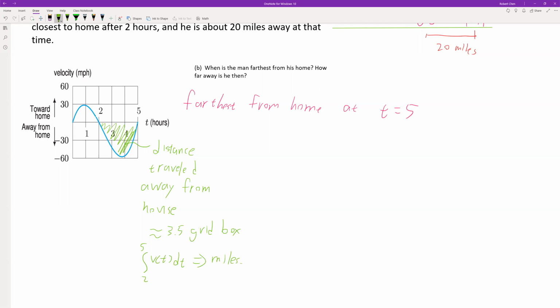Each grid box is about 30, so 3.5 grid boxes is 3.5 times 30, which is 105. 105 miles.